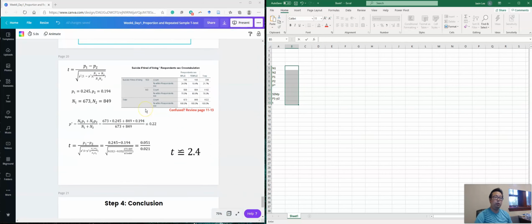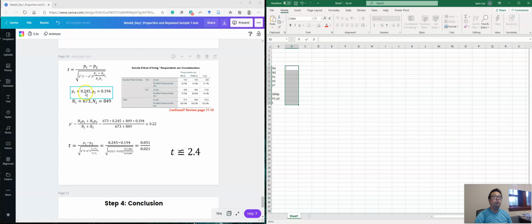So you can go to the next slide. P1, as I said in the previous slides, is 0.245, because you can just divide 24.5 by 100. Usually if you move the point to the left two places after dividing by 100, that will be your calculation result.